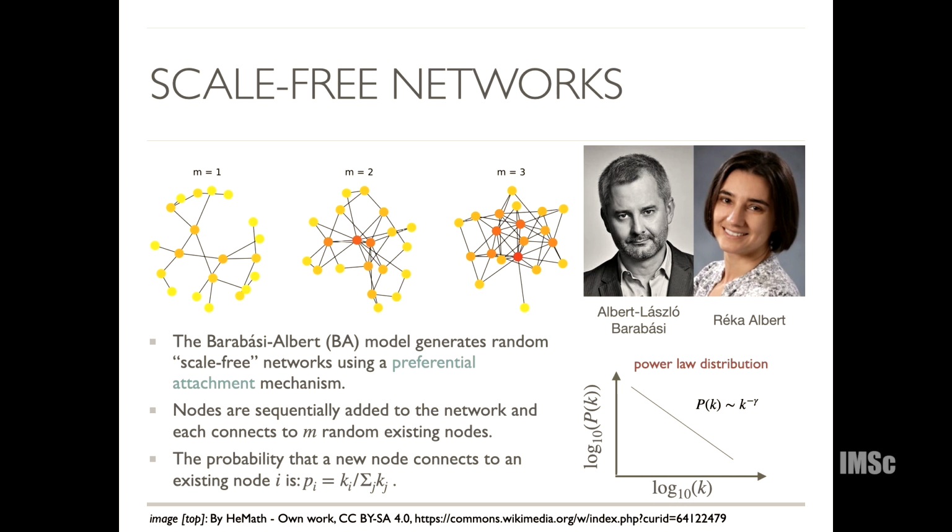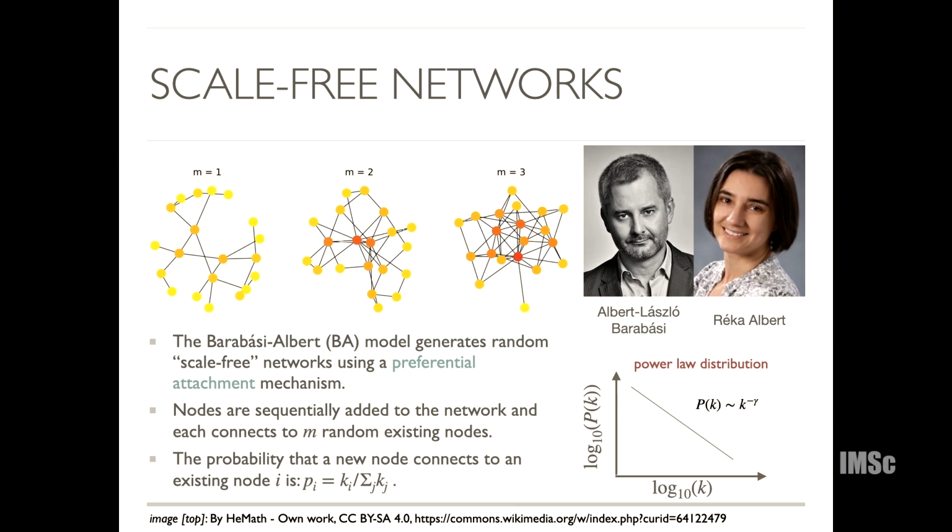The probability that it connects to, let's say, a node i, is just the existing degree of i. Suppose I have a node over here that has 1, 2, 3, 4 connections. Then this will be 4 divided by the sum of the degrees of all the nodes. What does that mean?